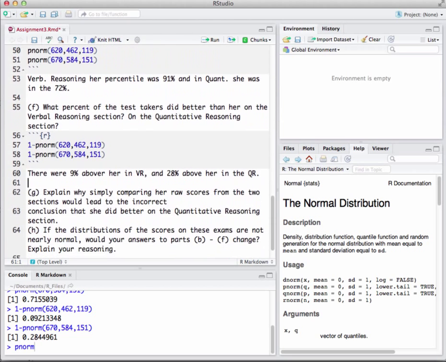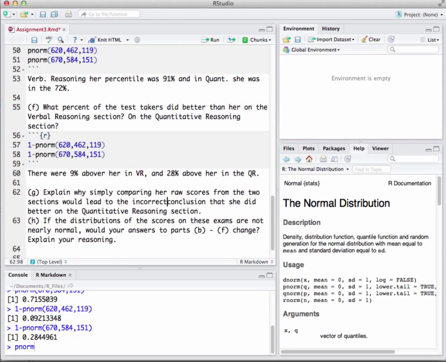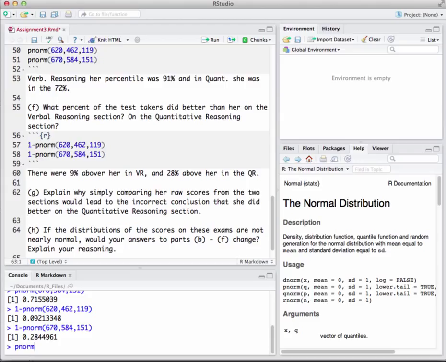Okay, so explain why simply comparing her two raw scores from the two sections would lead to the incorrect conclusion that she did better on the verbal section. Okay, and the reasoning behind that is what we talked about at the beginning, that you need to compare her to her peers, right? And so you need to see relative to the other folks.